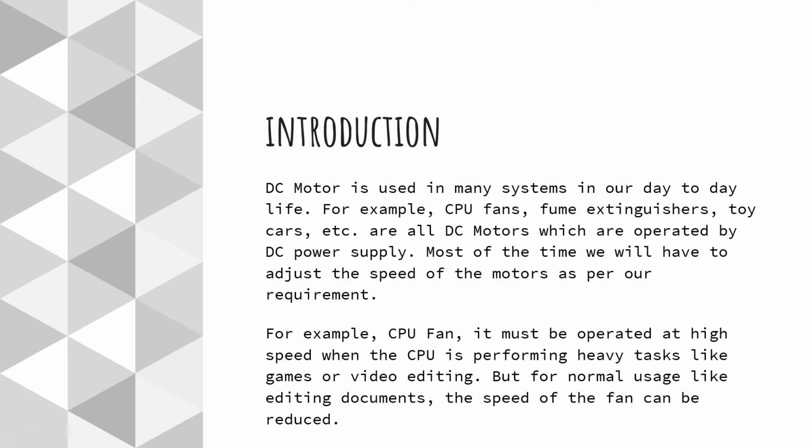For example, a CPU fan must be operated at high speed when the CPU is performing heavy tasks like games or video editing. But for normal usage, like editing documents, the speed of the fan can be reduced. Although some systems have an automatic adjustment system for fan speed, not all systems possess the same functionality. So we will have to adjust the speed of the DC motor ourselves.